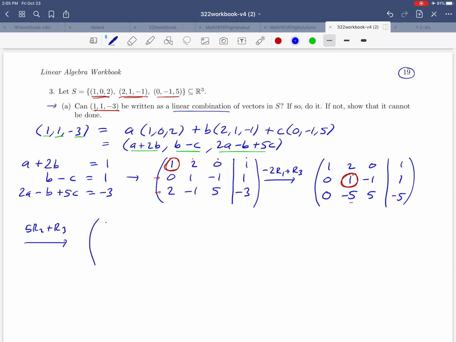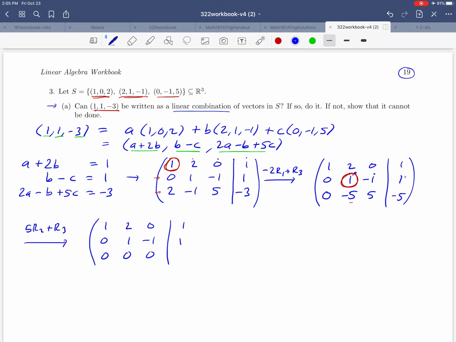And if we do that, first row is going to stay the same, and the second row is going to stay the same. And then in the third row, we're going to take 5 times the second row and add it to the third row, so that number is going to stay 0, and then we'll get 5 times 1 plus negative 5 gives us a 0. 5 times negative 1 is negative 5 plus 5 is 0.